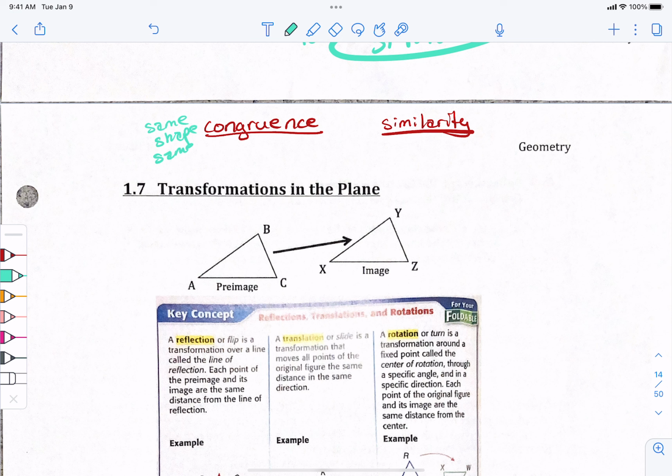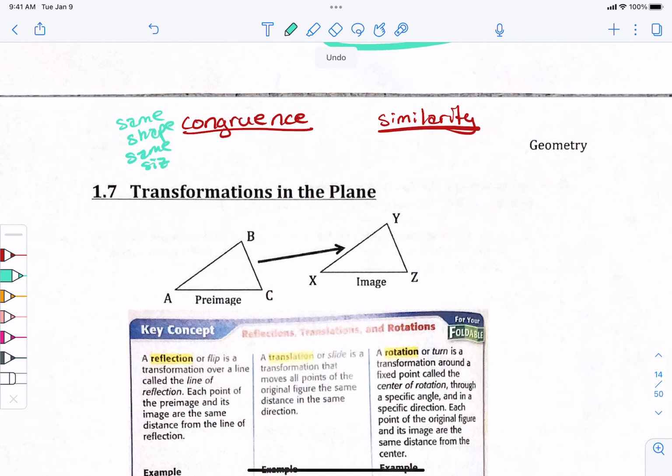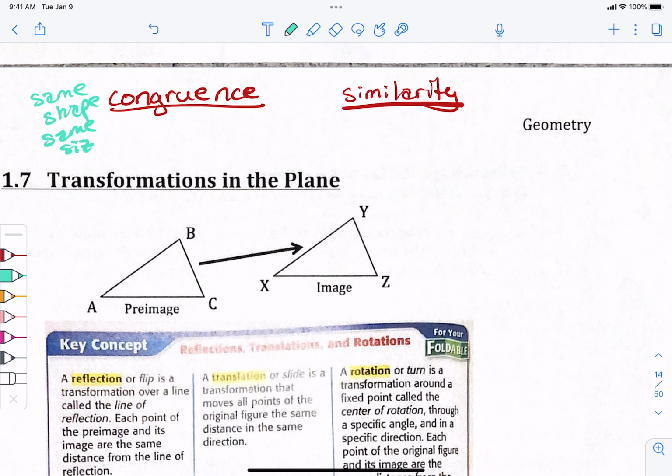But if two figures are similar, what's the difference? If you have congruent figures, they're the same shape, same size. If you have similar figures, they are the same shape but different size.